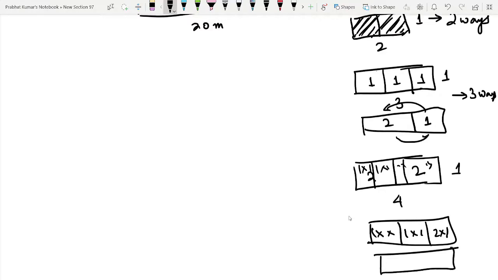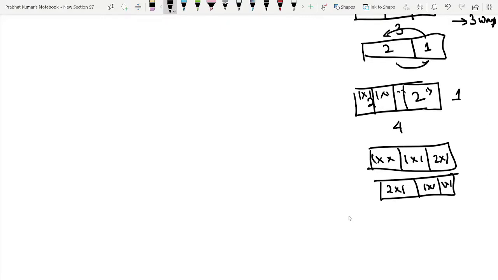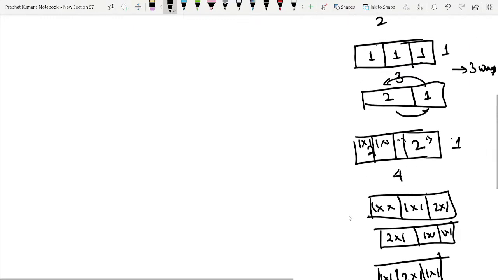For the fourth case we can have the 2 cross 1 tile at the extreme left and then two 1 cross 1 tiles, and in the last case we can put a 2 cross 1 tile in the middle and two 1 cross 1 tiles at the sides. So a total of 5 ways it can be done for a 4 cross 1 floor.